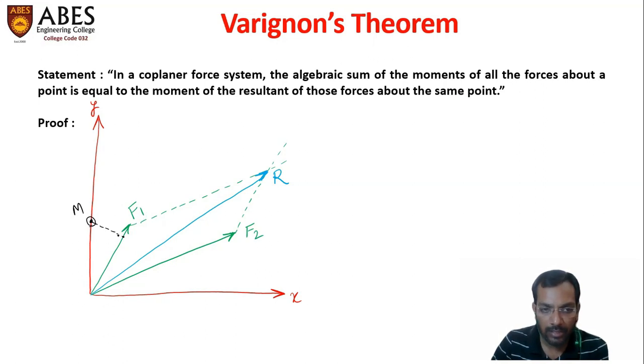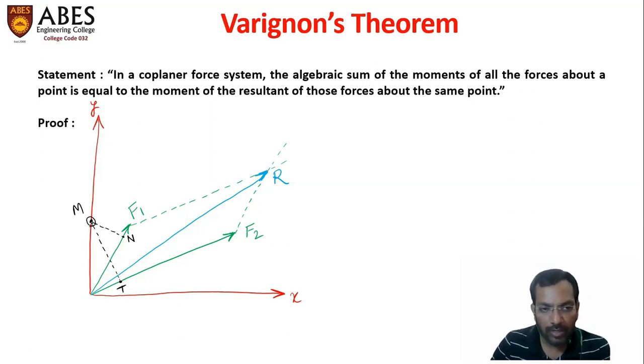Let us suppose the joining point of this perpendicular is N. Similarly, let's draw the perpendicular on the second force F2. This is the point at which the perpendicular meets the line of action of F2. Suppose this point is M. M has already been taken, so let's take this point as T.